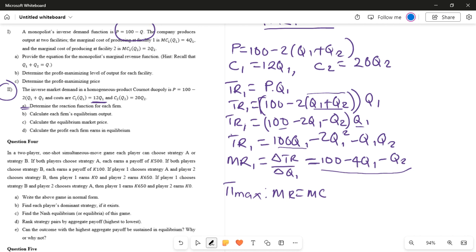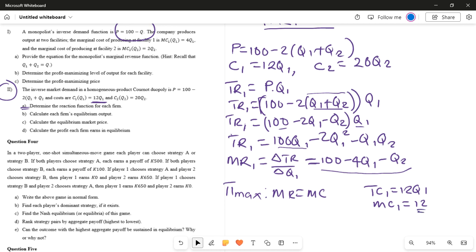Since our total cost for firm 1 is 12 q1, we should get marginal cost from there, which we know by now is just going to be 12. Differentiating this with respect to q1 gives us 12.